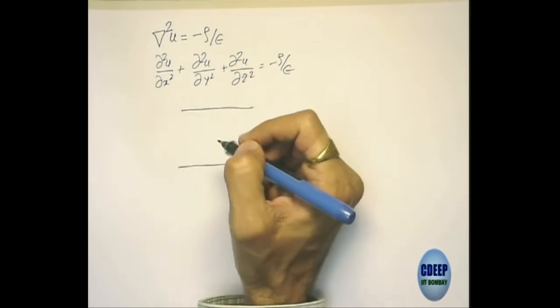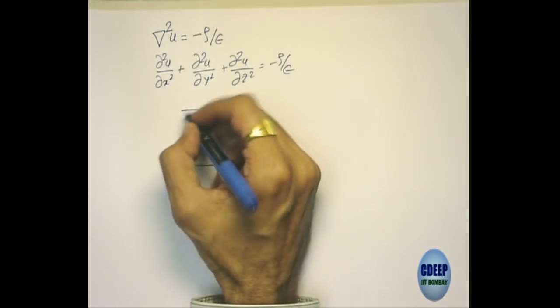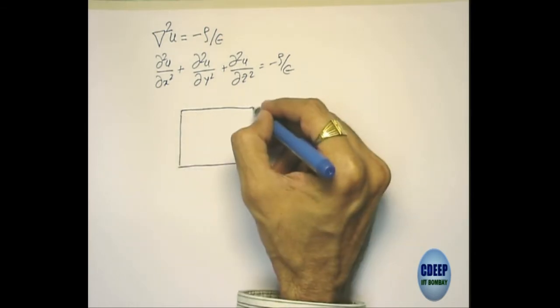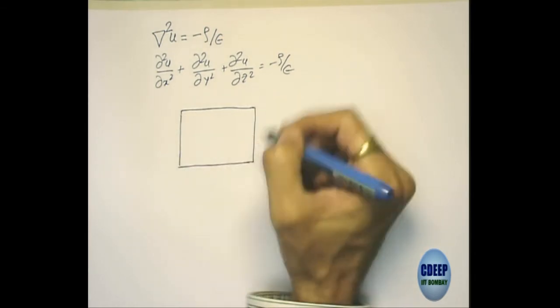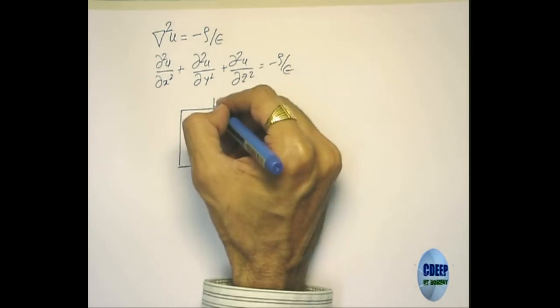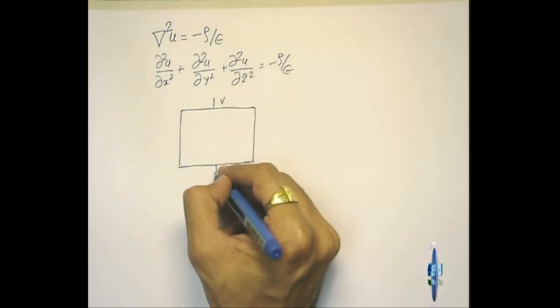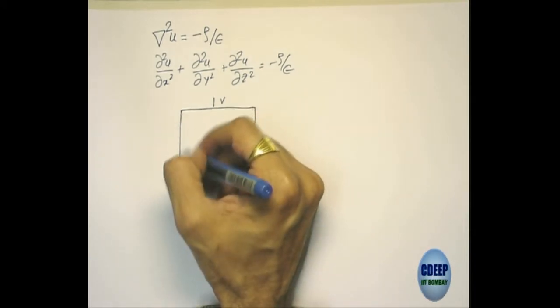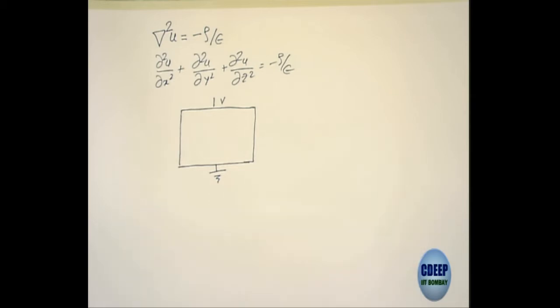If I tell you that the top plate is at 1 volt and the bottom plate is at 0 potential, and the geometry is as enclosed there, then it is a straightforward problem.